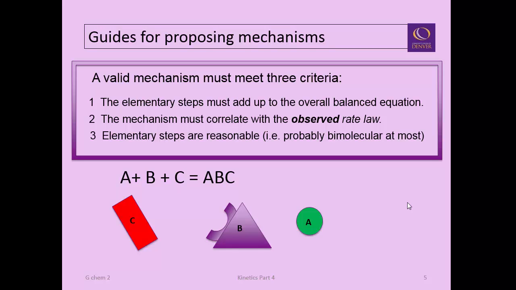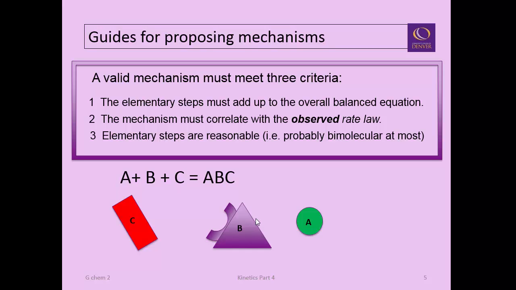The last rule is something you should be able to apply in general chemistry too, and that is proposed steps won't involve more than 2 molecules. Let me explain that a little bit. Let's just say that we thought this was a step for the equation, instead of being the overall equation. We said A, B, C are going to find each other simultaneously at the same time. That's a fundamental step.